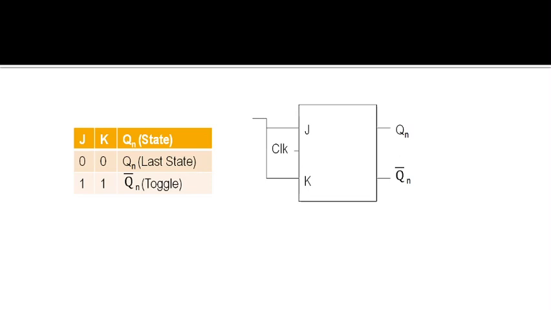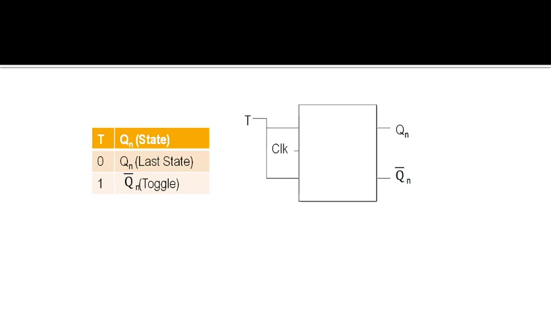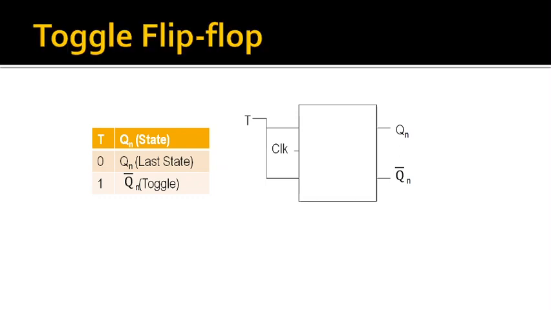Similarly, the inputs J and K are not now separately available, so we can shrink these two inputs to a single one, and that single terminal will be named T. T means toggle. So we have got a new category of flip-flop, which is called the toggle flip-flop.